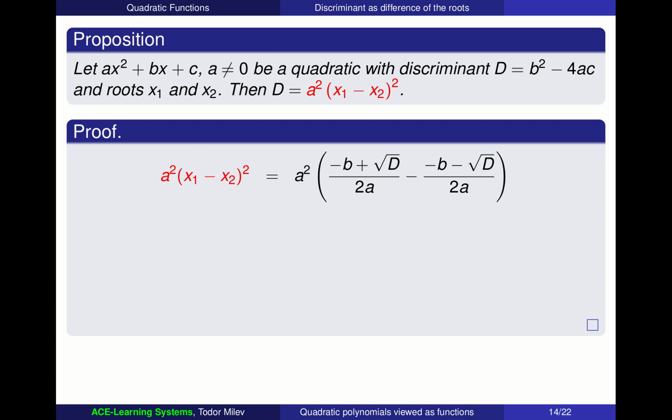And we need to demonstrate that this expression is equal to D. So the expression a squared times (x1 minus x2) squared is of course equal to a squared times, so let's see, this is my x1, right? x1 is minus b plus radical of D over 2a. And my x2 is minus b minus radical of D over 2a.